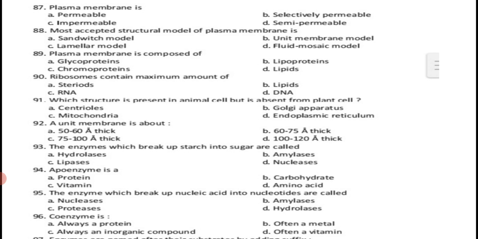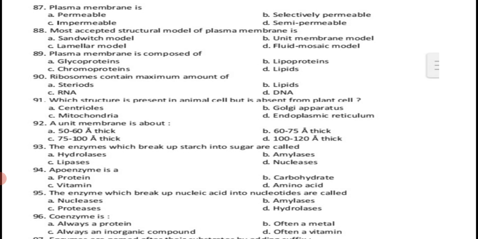The scientist Singer gave the fluid mosaic model of the plasma membrane. Selectively permeable means it permits the transport of only certain molecules both in and out of the cell. So option B is the correct option for question number 87.